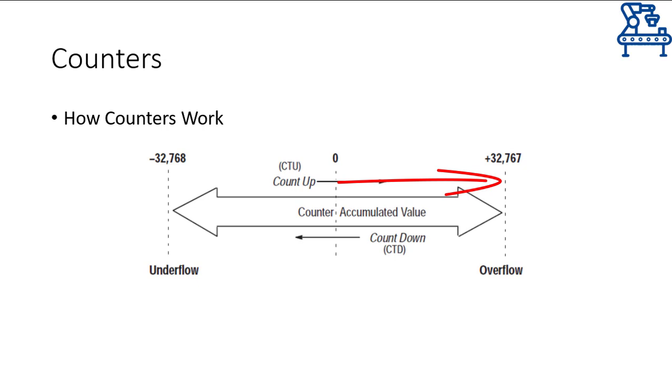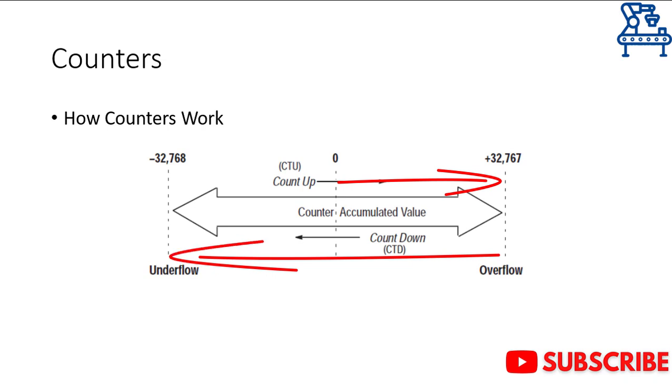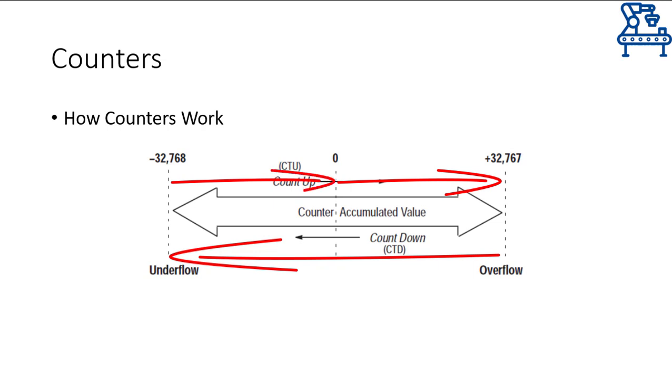Now, if one more false to true transition is detected, the accumulator value will wrap back to negative 32,768, and the overflow bit, that is the bit 12 of the word 0, will be set. After that, the accumulator will keep on incrementing its count in a normal fashion.